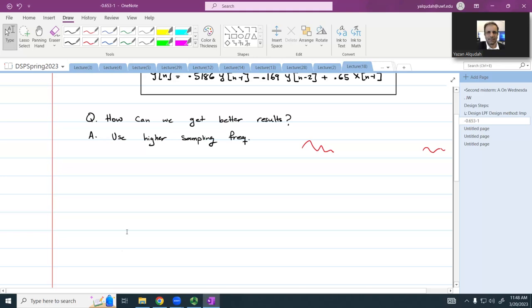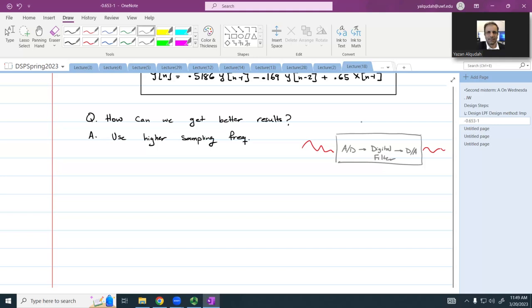We said we could do an analog filter, or we can come here and say, okay, I'm going to take this signal, I'm going to convert it, analog to digital converter, do a digital filter, and then go do a digital to analog conversion, and then get you the output. All this, or you can do an analog filter. Make sense? So assuming that we have control over the sampling frequency. So I have built this whole system, so I can control the sampling frequency. I can change the sampling frequency. Does that make sense?